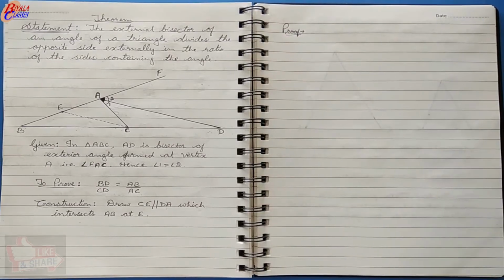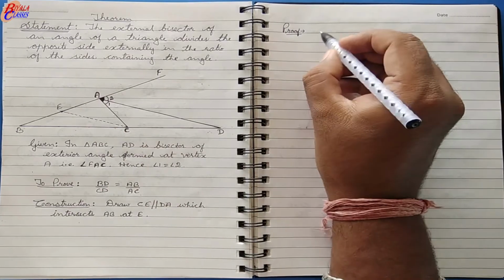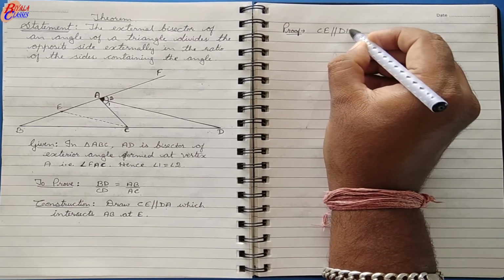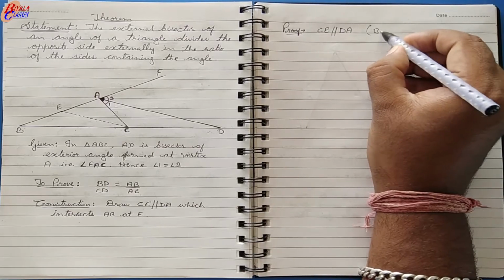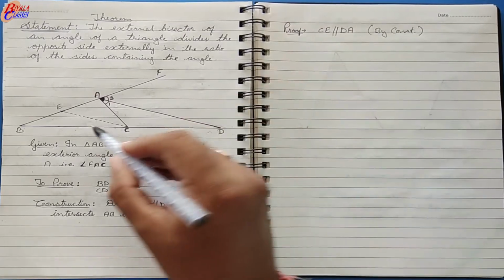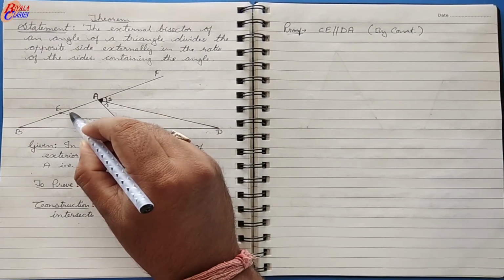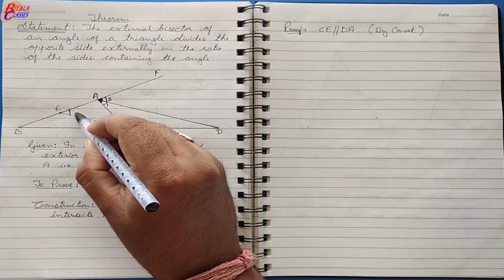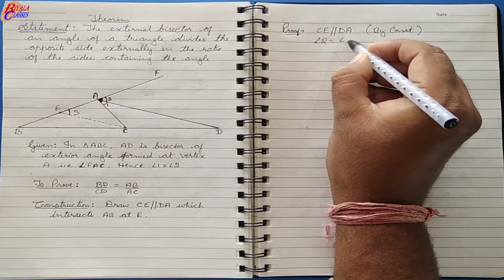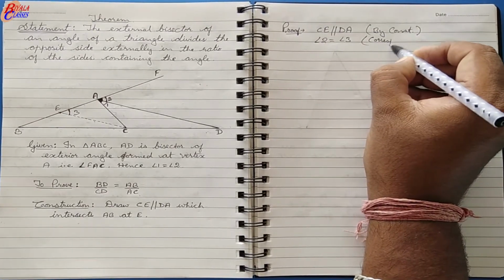Now in the proof, CE is parallel to DA. This is by construction. Now when CE and DA are parallel, angle 2 equals angle 3. These are corresponding angles.